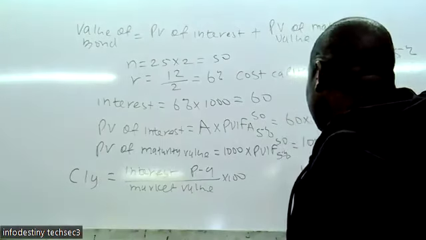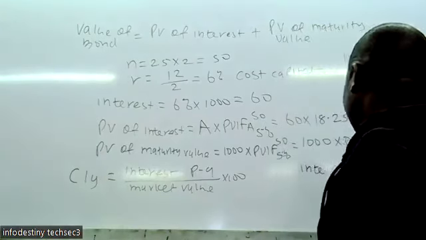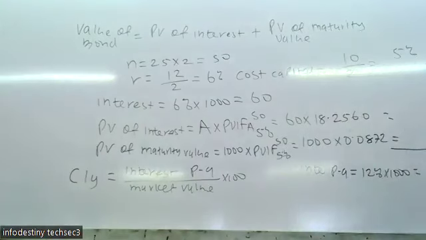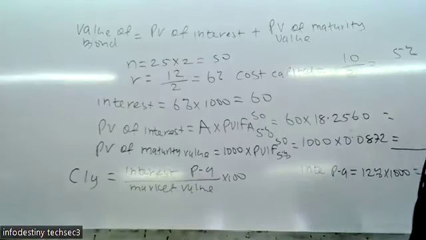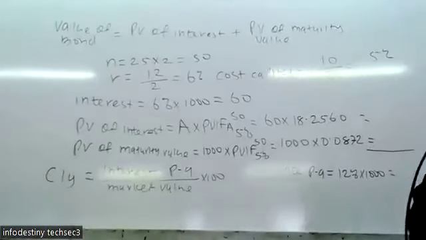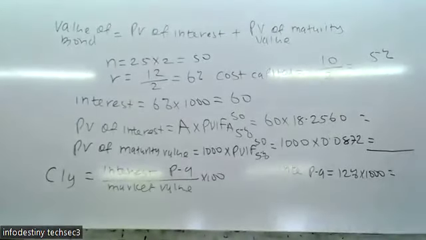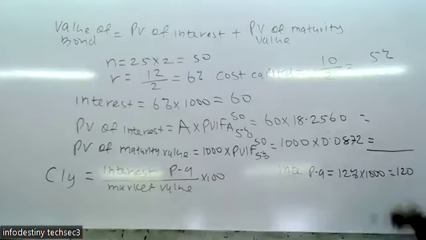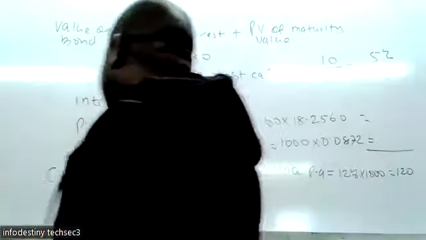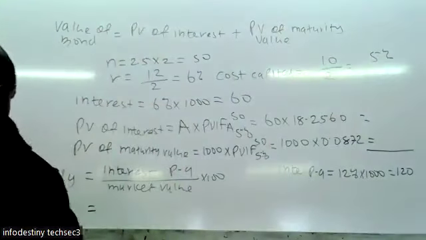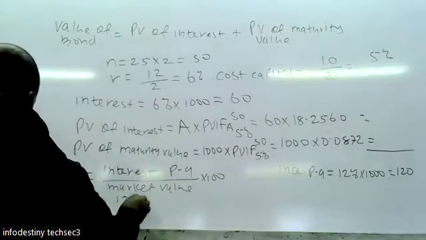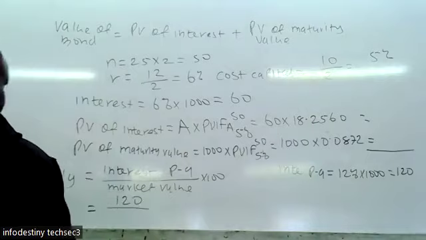So for interest per annum, now you take 12% of 1,000. Remember, it is per annum, not as per the question. You simply get the interest per annum. So that should give us 120. Now from there, you get your current yield, where you take that 120 divided by the market value.